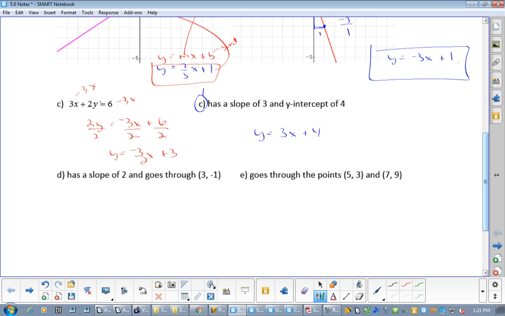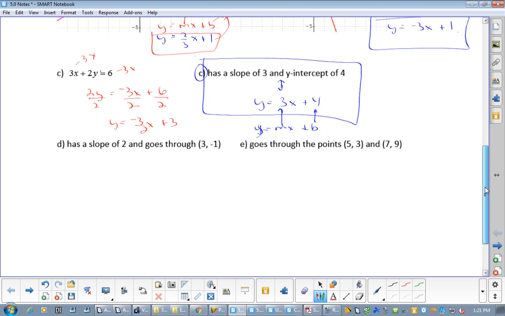English is the top and the bottom is in math. Math is confusing because of its efficiency. Like, this means these two are identical. Has a slope of 3 and a y-intercept of 4. Y equals 3x plus 4. Right? Y equals mx plus b. B is 4, m is 3.